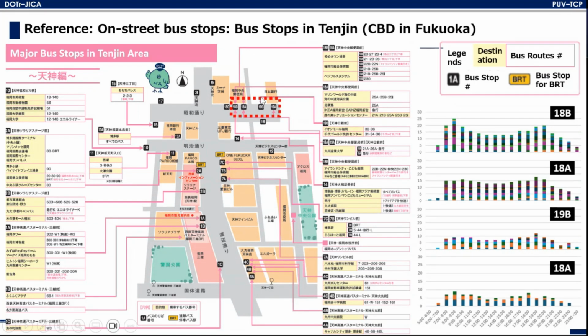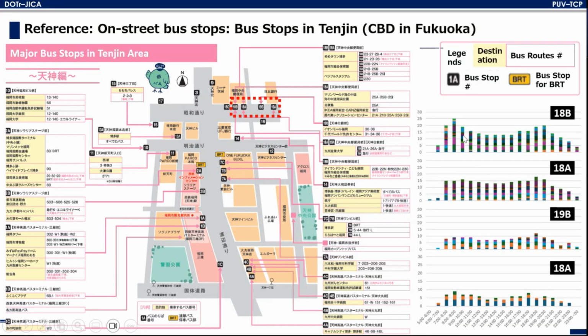This page shows the 18 to 19 bus stops I mentioned, and how many buses arrive is visualized per hour.